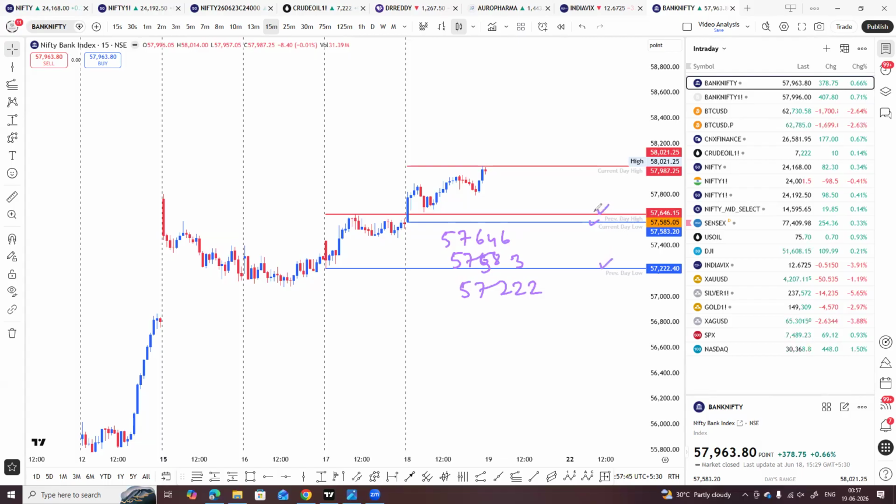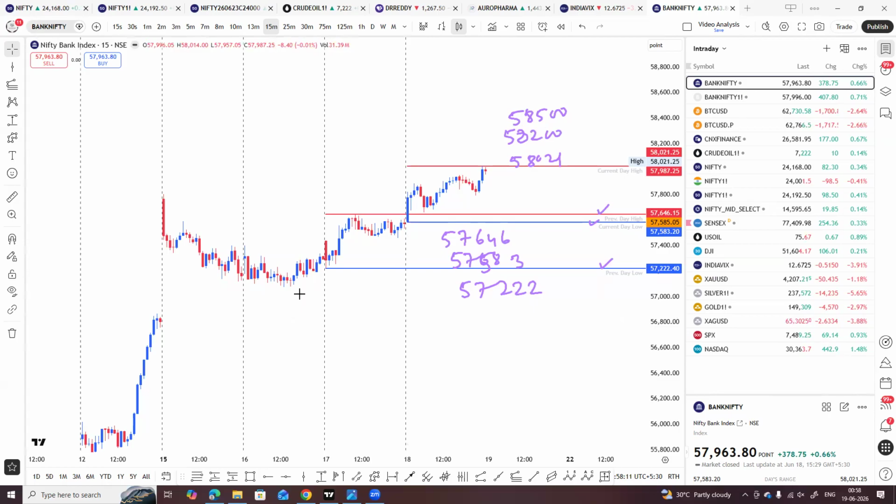These are the Bank Nifty support levels. For resistance, that is going to be the current day resistance, 58,021, and ahead, 58,200, and ahead 58,500. So these are the important support and resistance levels for the Bank Nifty.